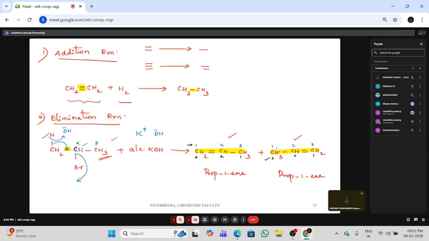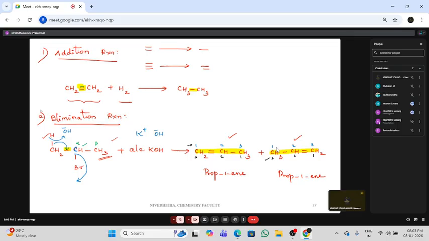Whenever we have two different products, definitely one product only will be major, so another product will be obtained in a minor quantity only, and a question may be asked to find which will be the major one. So to find which product is major, we have to have the knowledge of this reaction mechanism, then only we can find which product is major. So understanding the reaction mechanism is very important.